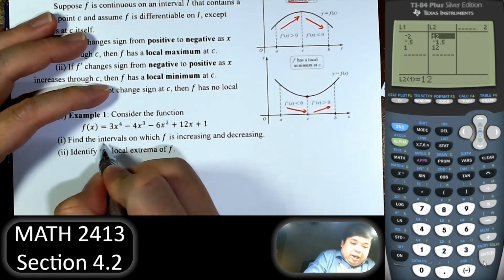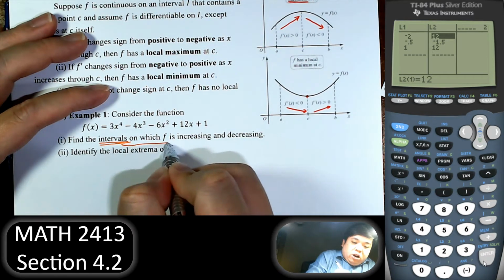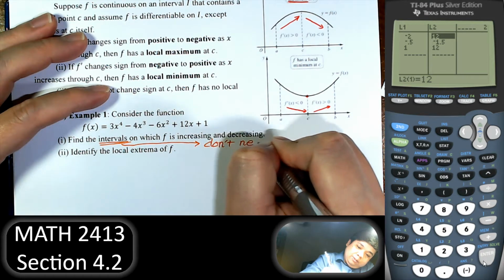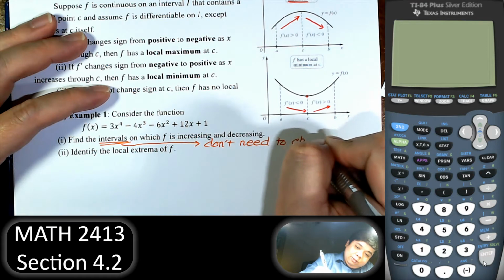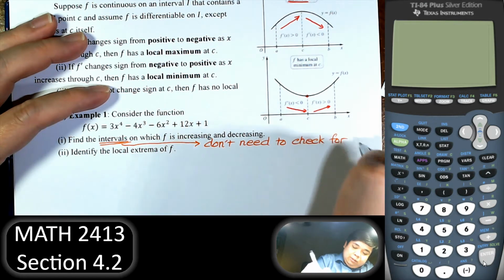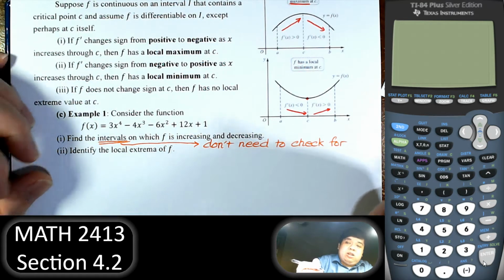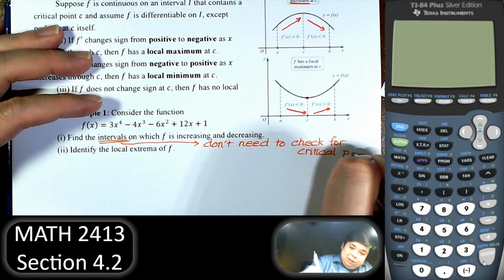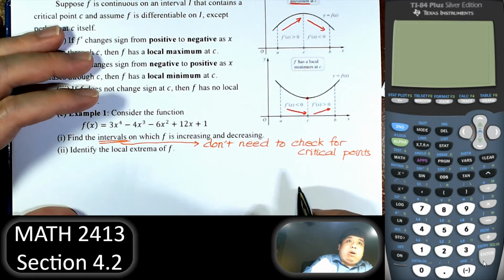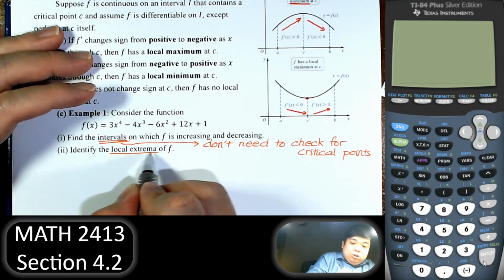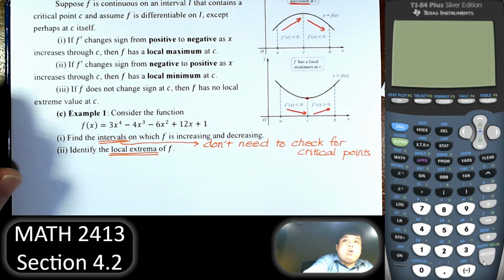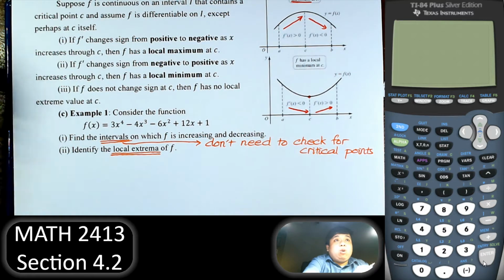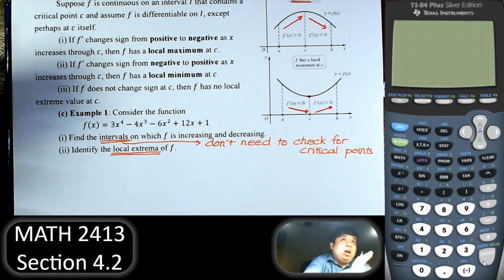So, first, if we are asked to find an interval, we do not need to check the points. However, in the second part of the problem, we are asked for the local extrema, local max or local min. The nature of those are points. So in this case, we do need to check. If the question asks you to find the local maximum or local minimum, we have to check the points.